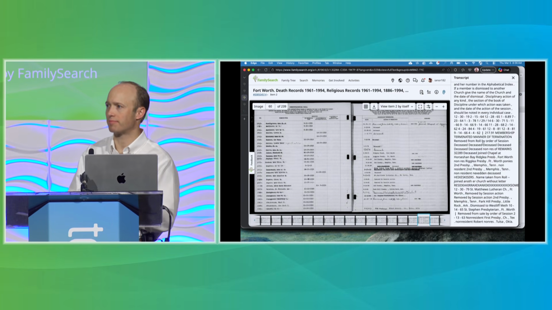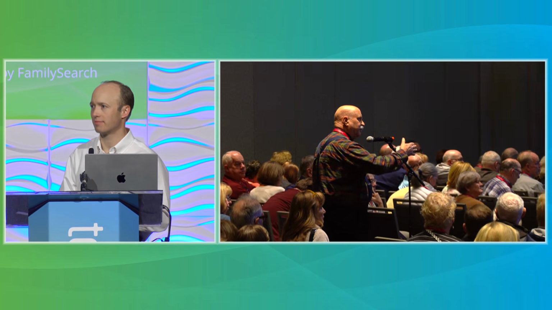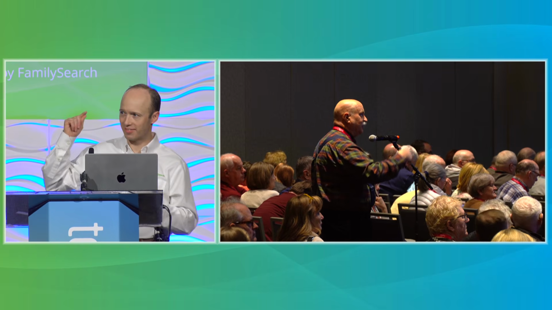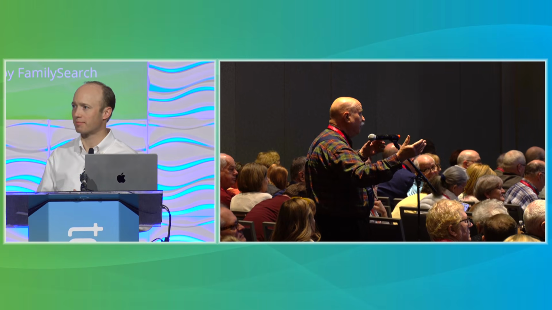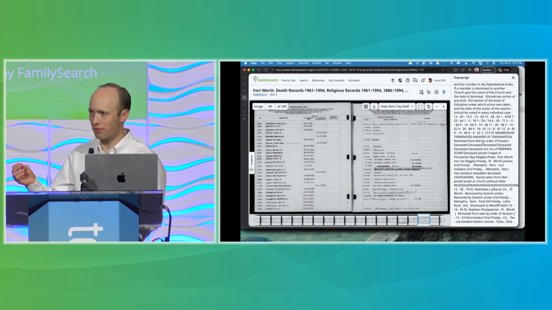Go ahead. I'm just a little unclear about the difference between hints and AI hints. Obviously AI gives us a little bit more information if you go into it, but aren't the hints basically doing the same thing? Yeah, thank you for asking this, because I think a lot of people probably have this exact same question.